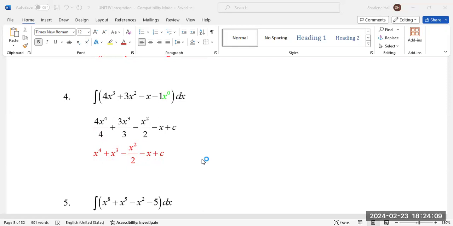Now, remember when we're integrating, we're adding 1 to the power and dividing by the new power. We're adding 1 to the power and dividing by the new power.